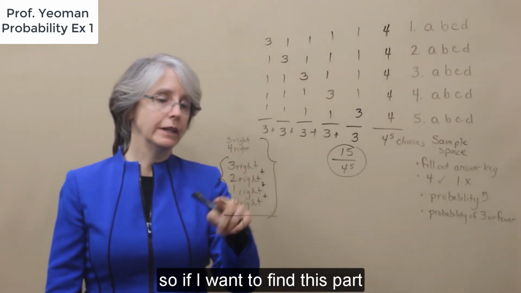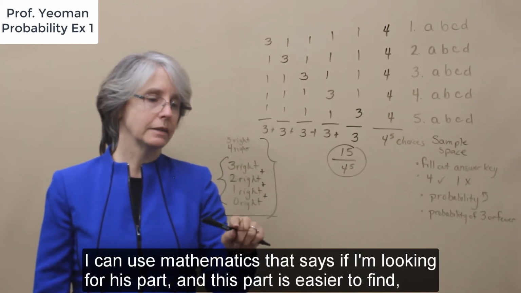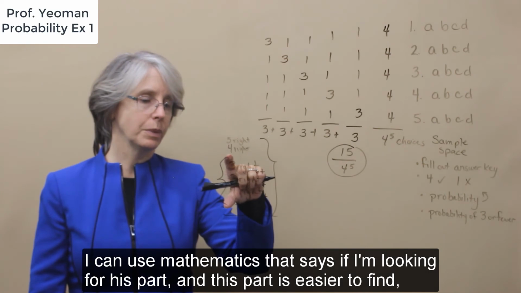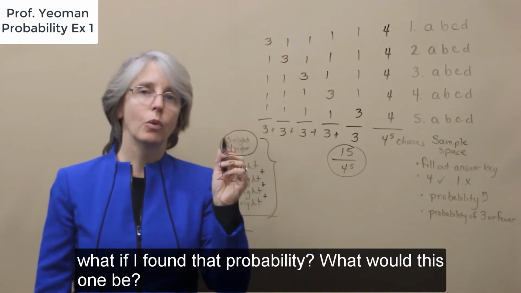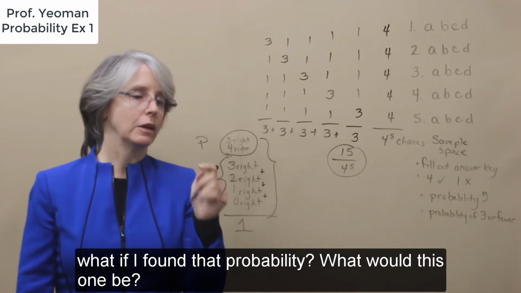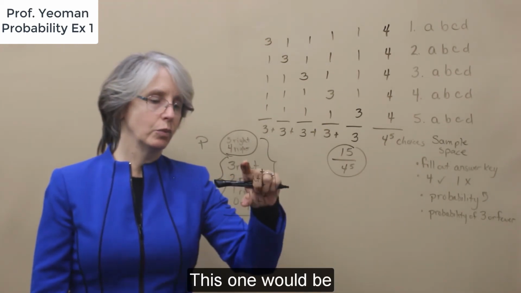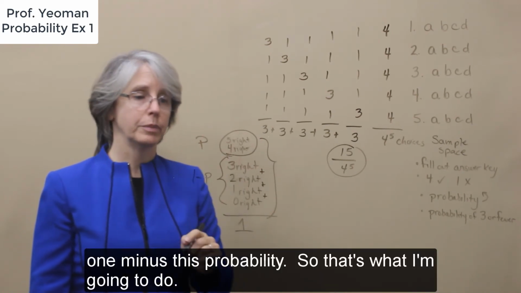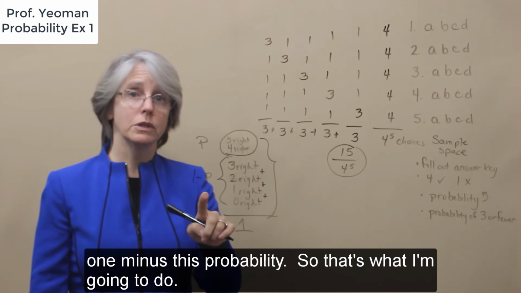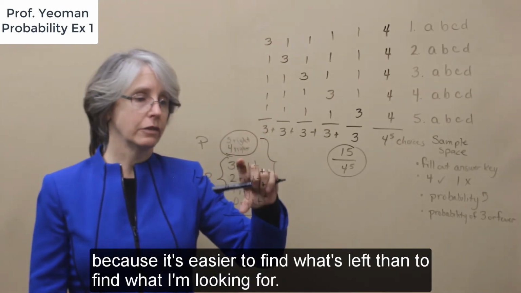And so if I want to find this part, I can use mathematics that says if I'm looking for this part, and this part's easier to find, what if I found that probability? What would this one be? This one would be 1 minus this probability. So that's what I'm going to do, because it's easier to find what's left than to find what I'm looking for.